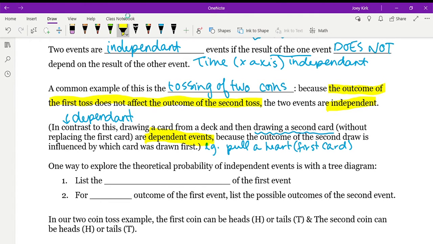So if we're going to find the probability of independent events, we can use a couple different methods. The first is called a tree diagram, okay?